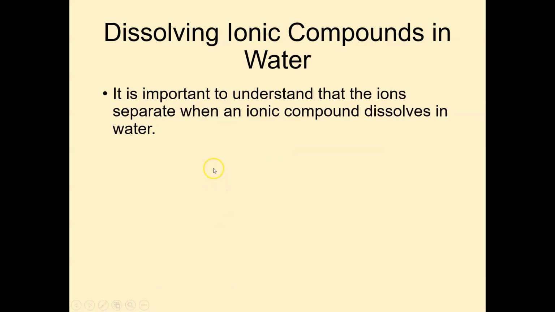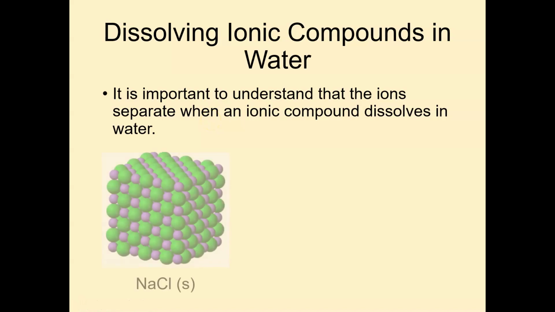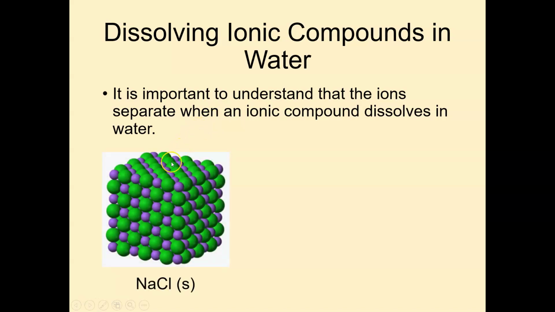The critical thing to understand here is what I just said on the previous slide. When an ionic compound dissolves in water, the ions separate from each other. Here is a picture of a sodium chloride crystal. If we were talking about solid sodium chloride, it would look like this, a giant crystal lattice of sodium ions and chloride ions.